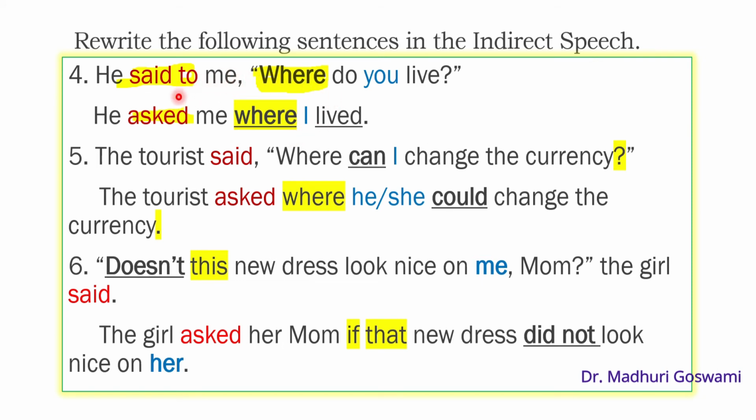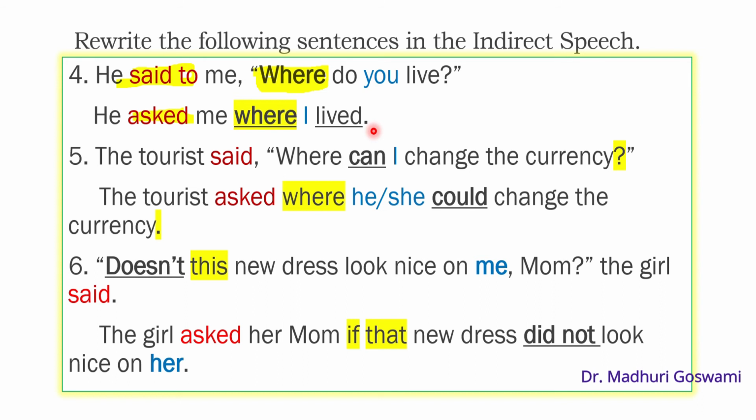यहाँ where एक conjunction word के रूप में यूज किया गया है. यह वही word है जो कि direct speech के question में यूज किया गया है. The same WH word where. And the next change is quite visible, that is question का word order statement के word order में बदल गया है. So it becomes I lived, and at the same time notice the change of the tense.